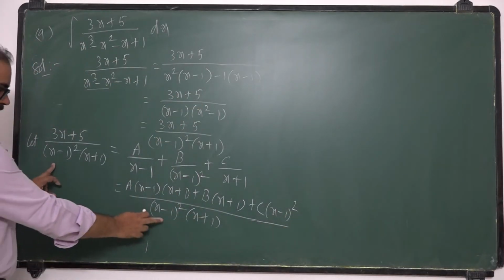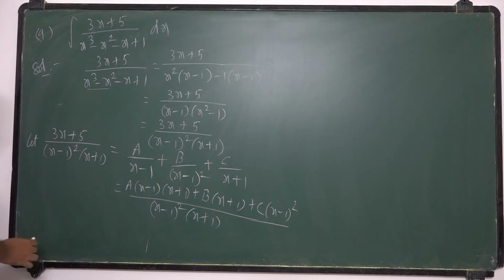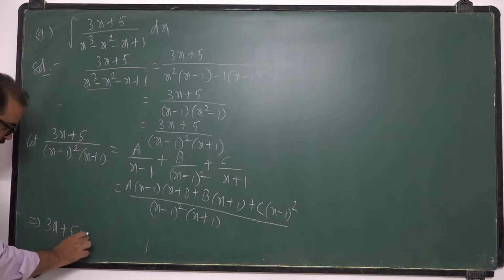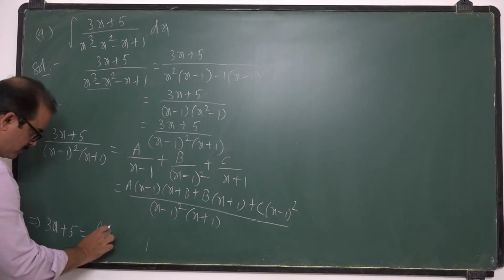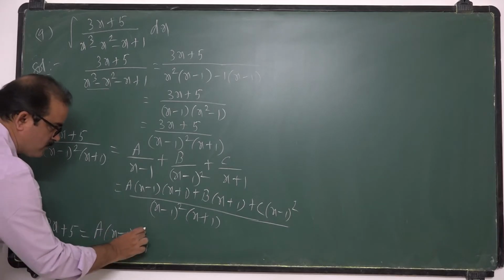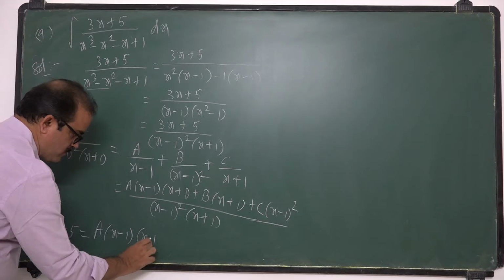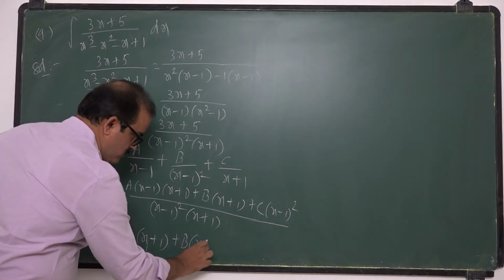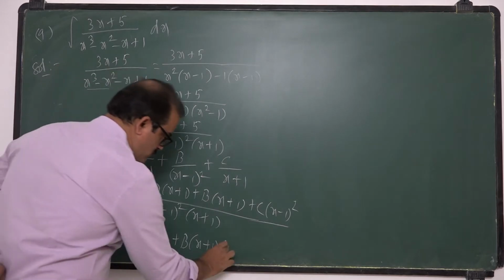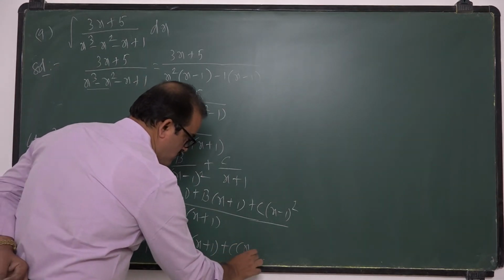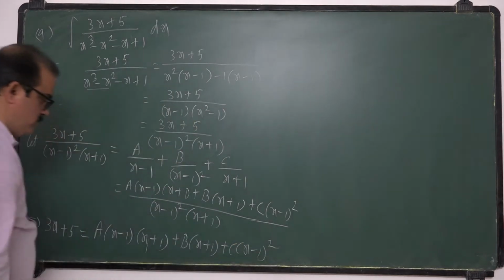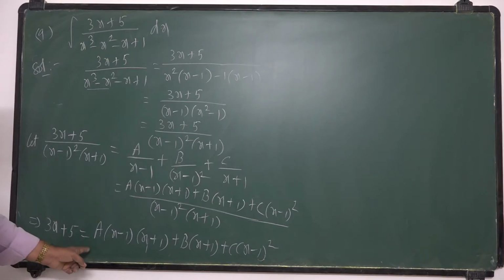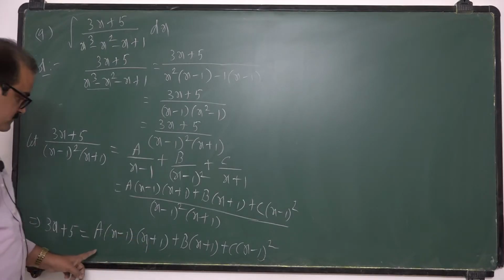Here the denominators are the same, so equate the numerators: 3x plus 5 is equal to this. Now we find the values of a, b, c.